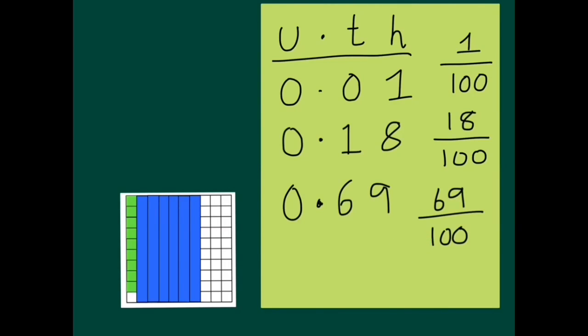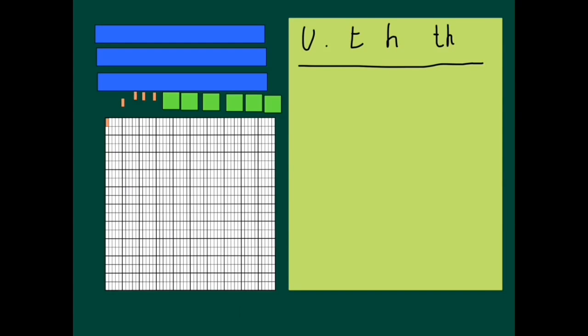Let's move on and have a look now what happens when we divide that 1 unit into 1,000 parts. Now we come to the thousandths place, and this is really exciting, a brand new place value column. You can see I've taken my 1 unit and divided it up into 1,000 equal pieces.